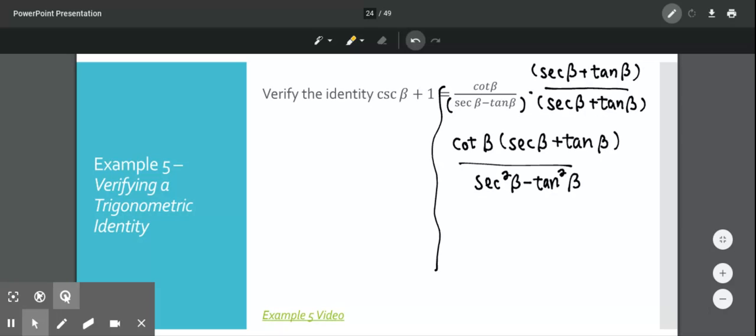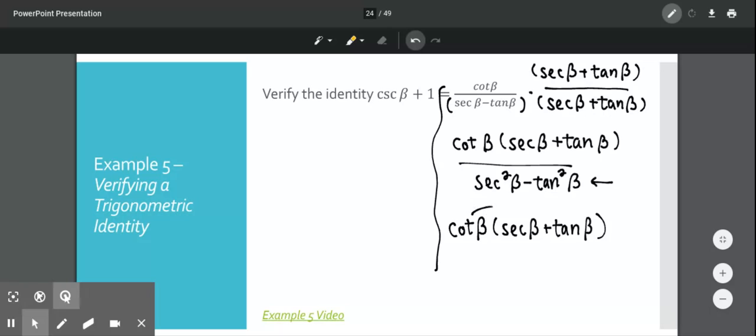And then that denominator of secant squared minus tangent squared, that's 1. So you have cotangent beta times secant beta plus tangent beta. So you're a lot closer to having that right side.